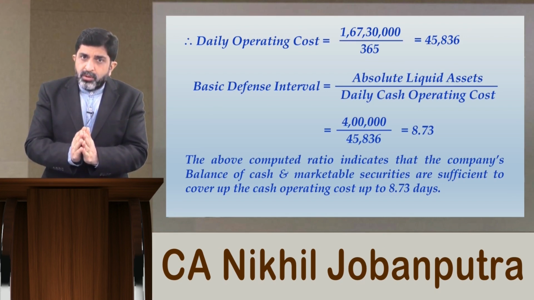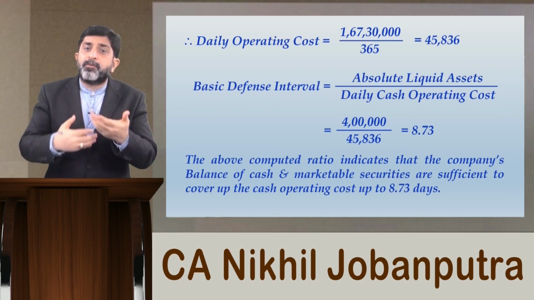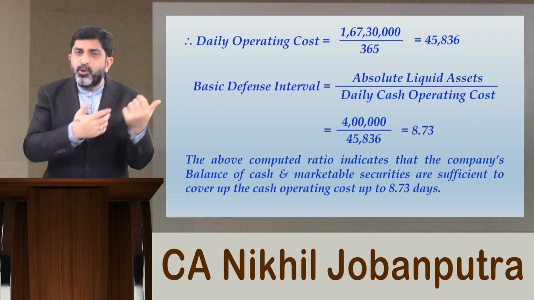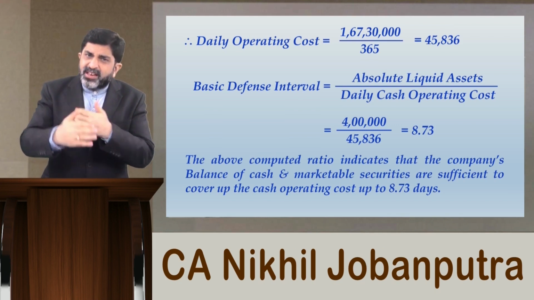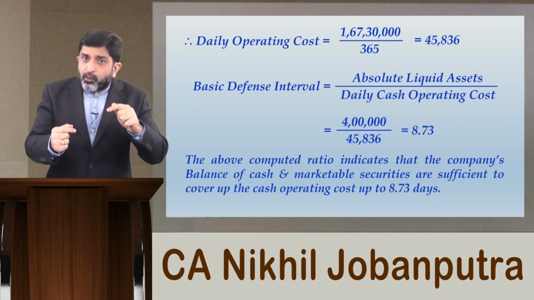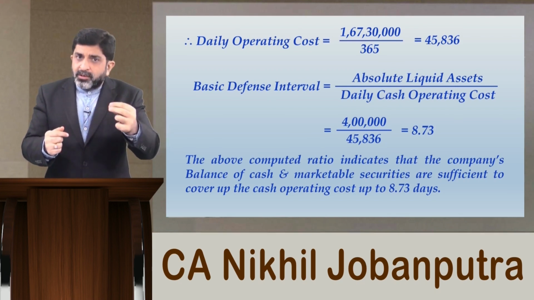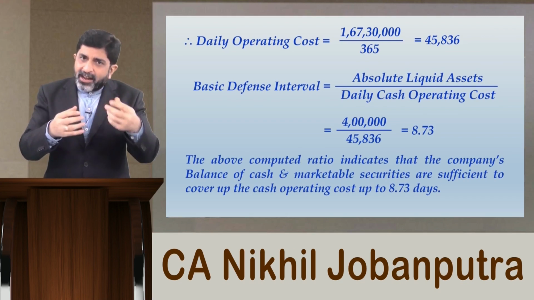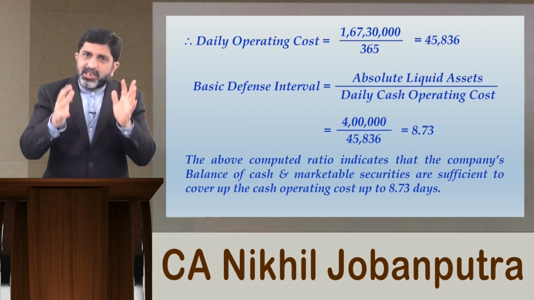Now, what happens when there is a regular flow of business? We don't need this kind of ratio at that time, correct? When there is a regular flow of business, every day customers will come, buy the product, pay the price, and we are having cash outflow as well as parallelly cash inflow also.